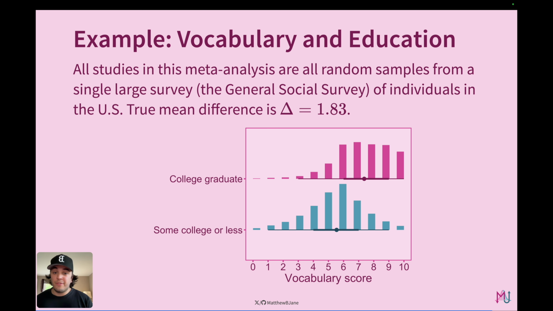The true mean difference turned out to be 1.83. That's across all 30,000 or so individuals in the General Social Survey. So our estimated mean difference, if you recall, was around 1.9. So it did a pretty good job of estimating the true effect.